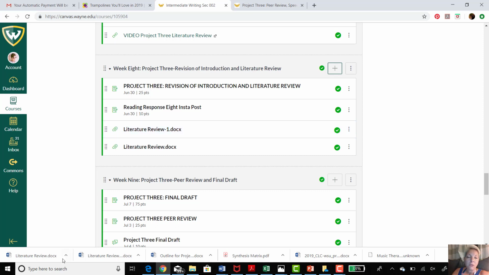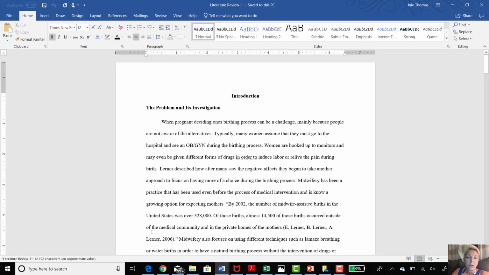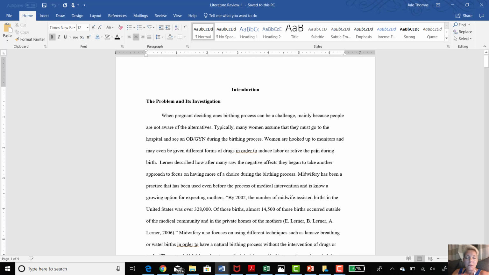And so you'll see in these students' examples different types of moves for those. So the first student example is about midwifery, and this idea of midwives and their role in providing a delivery experience that is outside of the realm of traditional delivery practices.